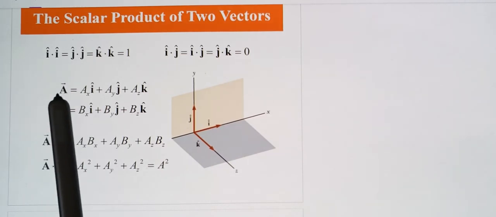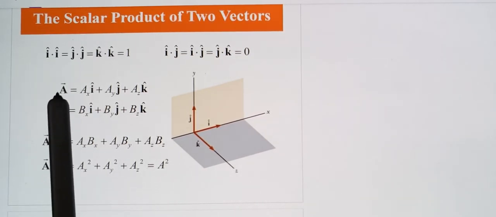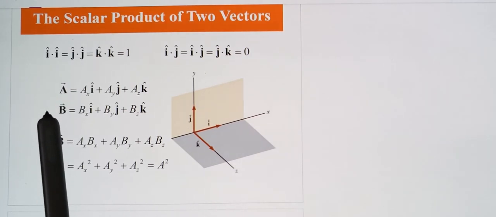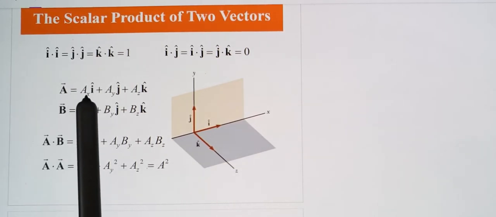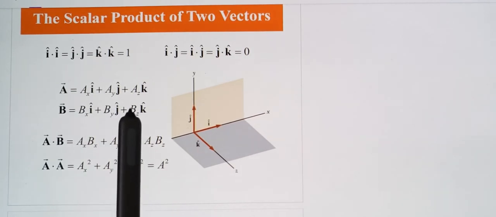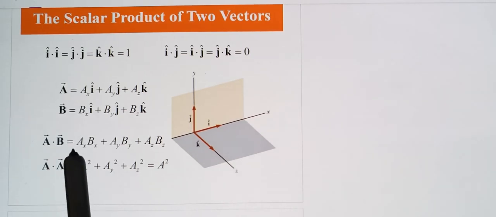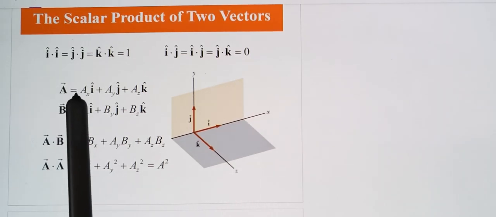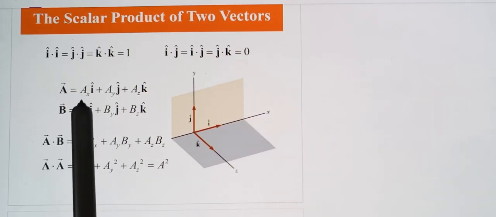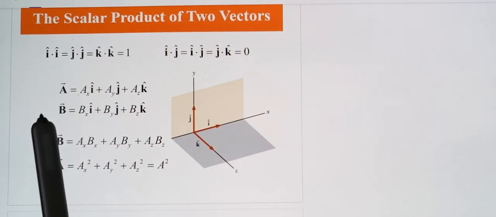So basically, if we have two vectors, and we will have a numeric example soon, but if you have a vector A and a vector B, and we have 3 components for each vector, then A dot B will have just component A multiplied by, in the I direction, the component AX multiplied by BX.